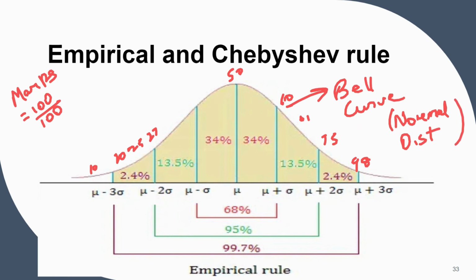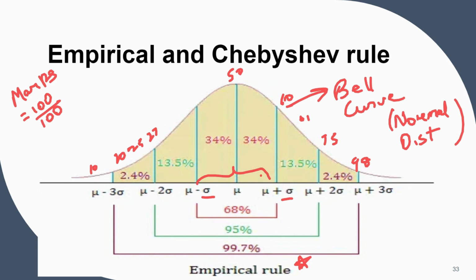We say that in mathematics several natural phenomena will exhibit this kind of a bell-shaped curve. Why is this important? The reason is that if our data exhibits a bell-shaped curve or a normal distribution, 68% of all the people or all marks will be within one standard deviation of the mean. That means mean minus sigma and mean plus sigma.